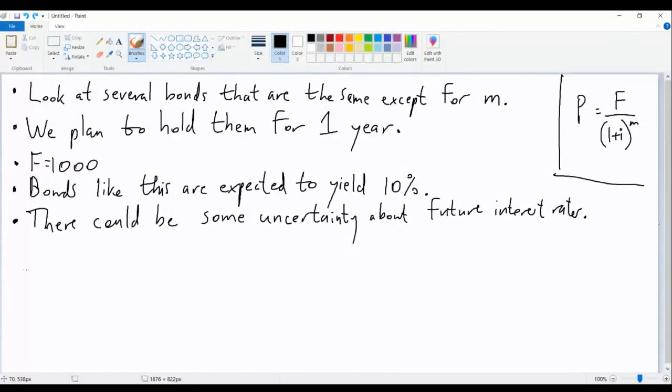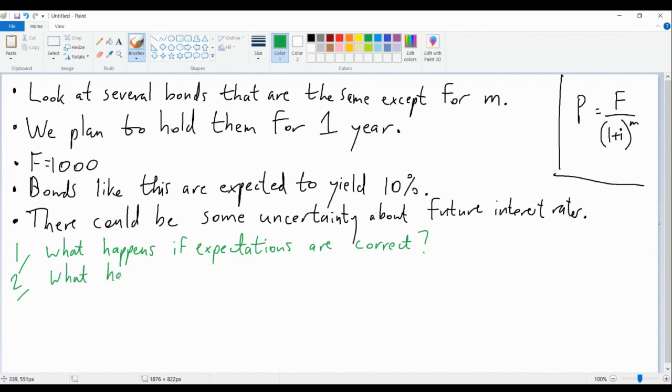So our experiment will ask two questions. One is, what happens if expectations are correct? And second, what happens if expectations turn out to be incorrect?